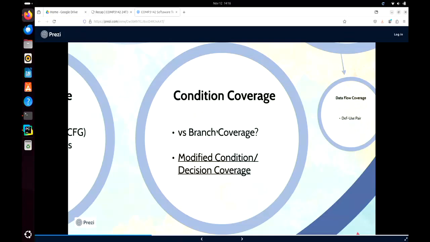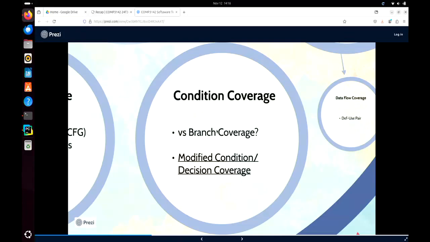So condition coverage means branches are related to conditions, but not all conditions are used in branches. There are some conditions which are not used in branches, maybe only in special value assignment statements related to conditions.